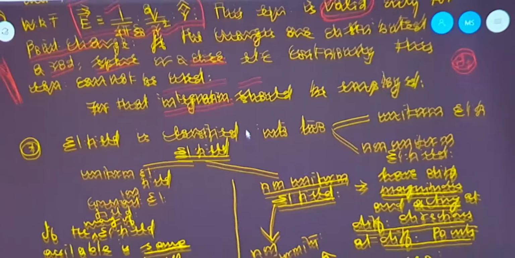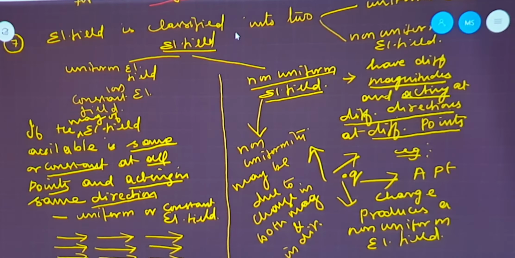Then the next and final point is, the electrical field available in this universe can be classified under two headings: one is uniform electrical field and another is non-uniform electrical field. That is what I have written here. When can you say that an electrical field is uniform? You have a charge and around that charge you have a field.